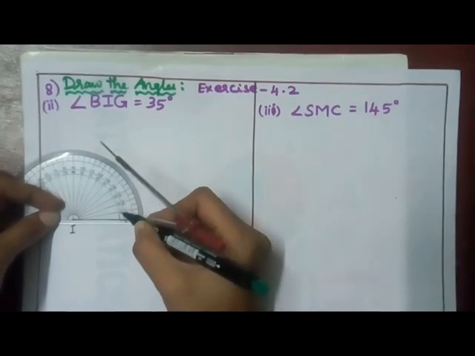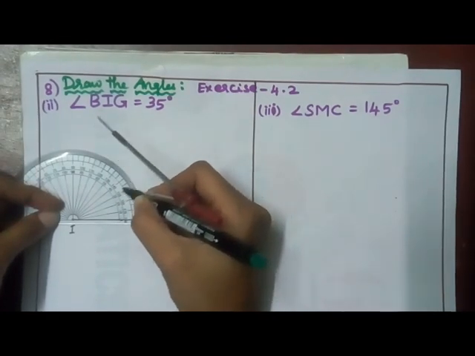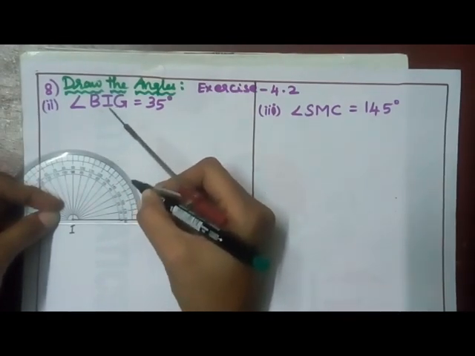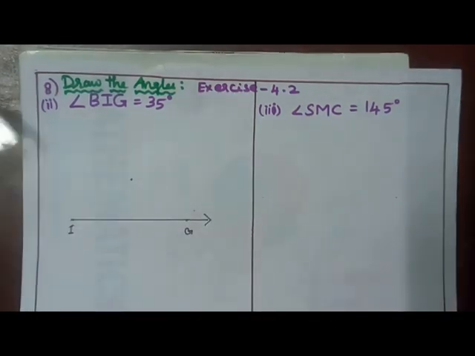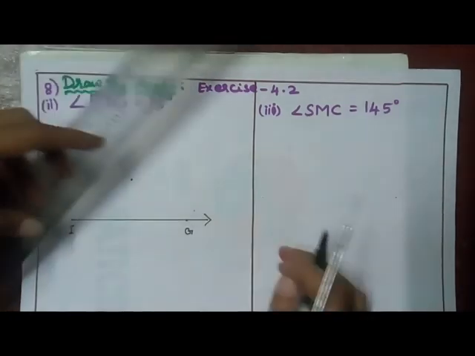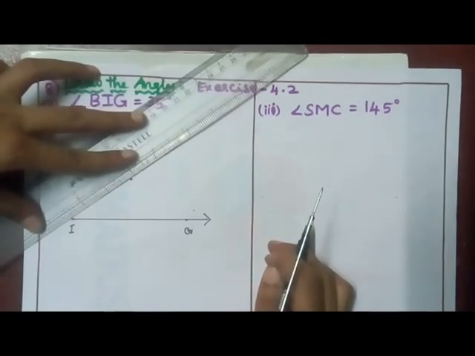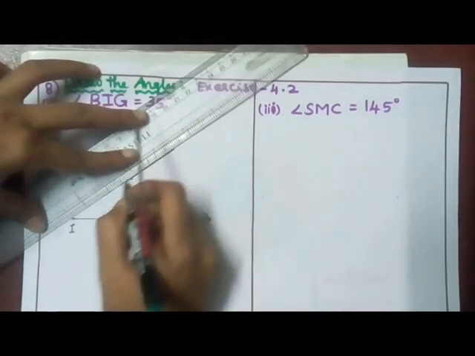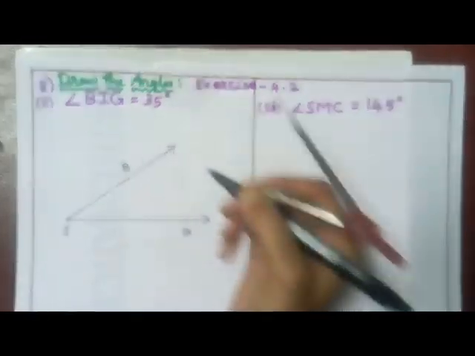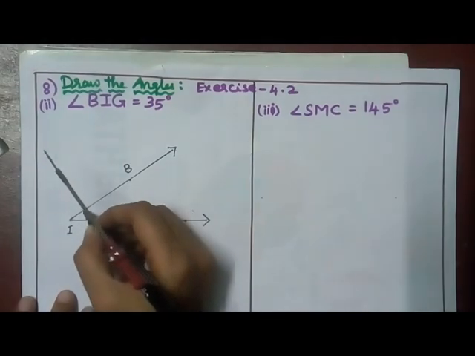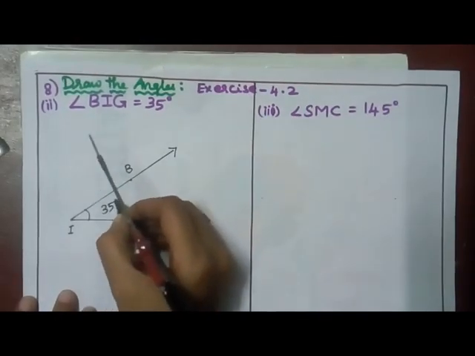Read the measurement 0, 10, 20, 30. This one is 35, the middle value. So mark this 35, just a point. And take the protractor. Join these 2 points. Name it as B. So this angle is 35 degree.